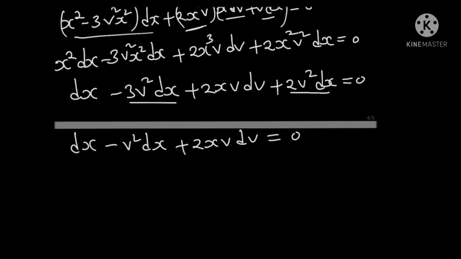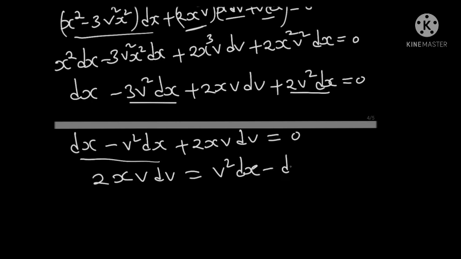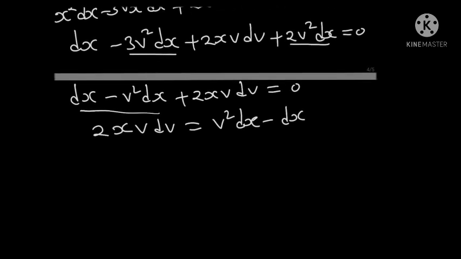Now, we can take these terms to the other side, so we remain with 2xv dv equals v squared dx minus dx. So we have 2xv dv equals, let's factor out dx, so we have (v squared minus 1) dx.